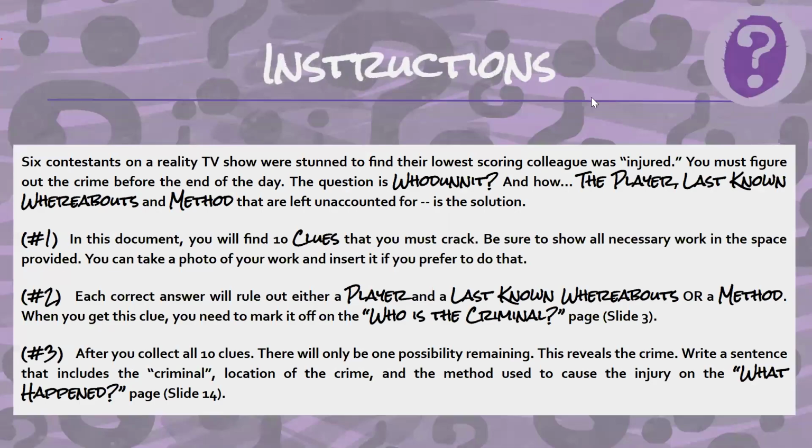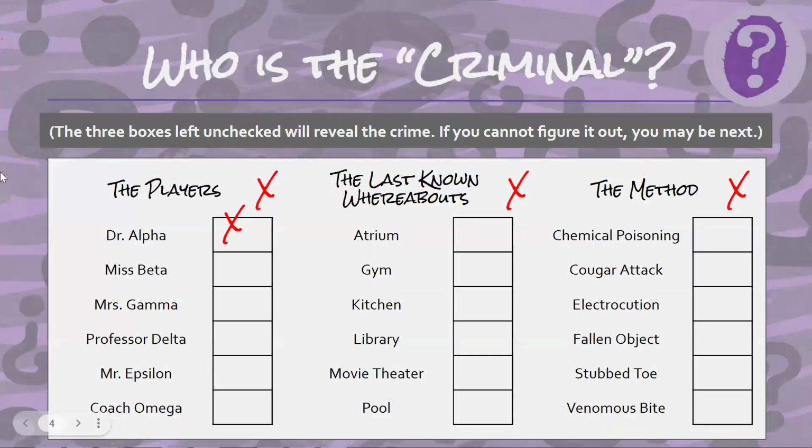I would go back here and cross out Miss Gamma in the library because that's the one that I think it is. Does that make sense? And then what's left standing is your solution.